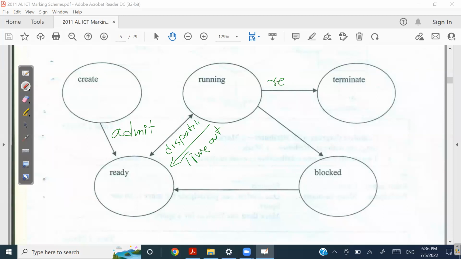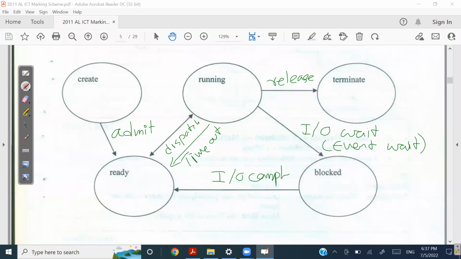Here it should be release, and this should be IO wait, or you can say event wait. And this is IO completion. And there are extra states called swapped out and blocked, and swapped out and waiting.